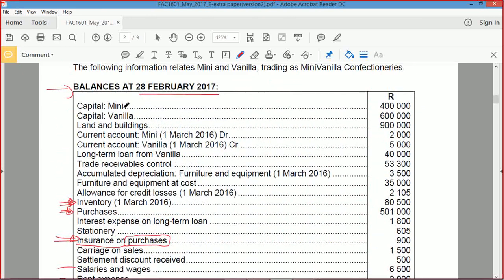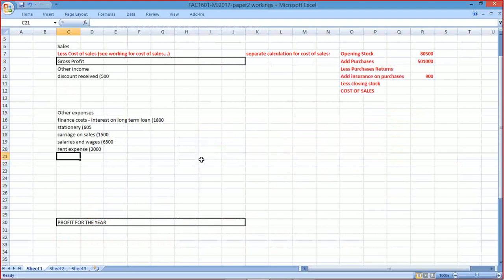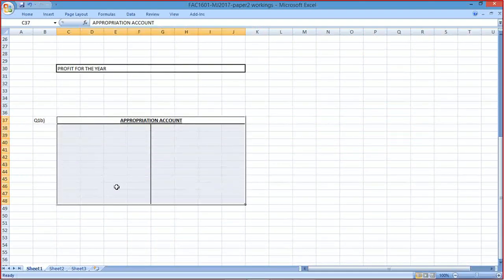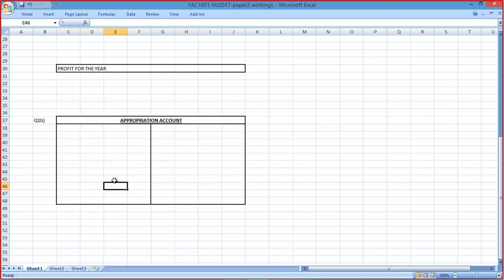So if I'm looking at interest on capital, there's the capital, M and V. Right, this is interest on capital. So what is interest on capital going to do to appropriation? Increase or decrease it? It'll decrease it because the partnership is going to have to pay it.